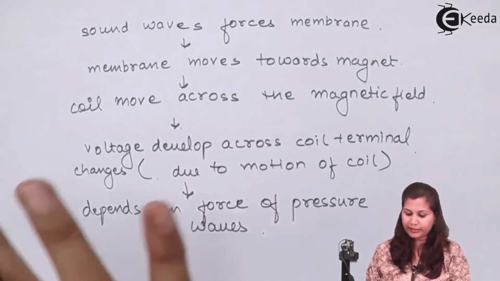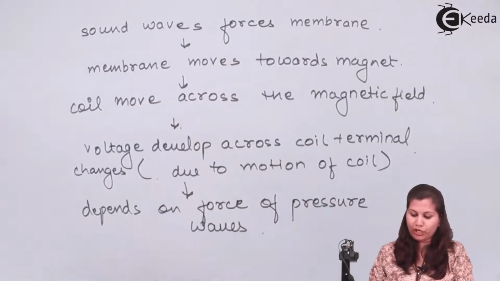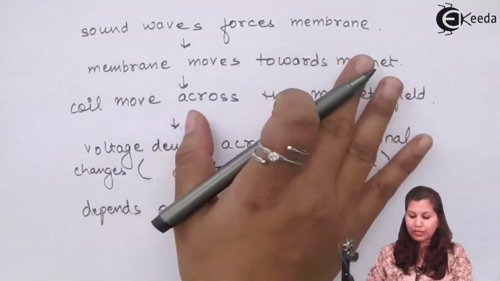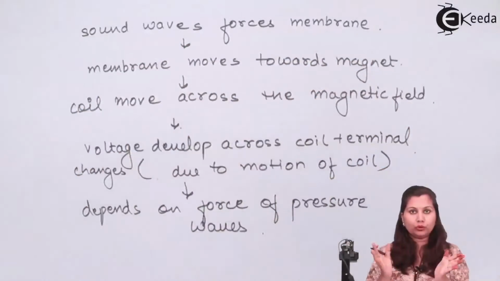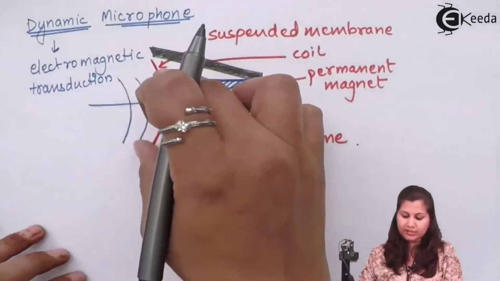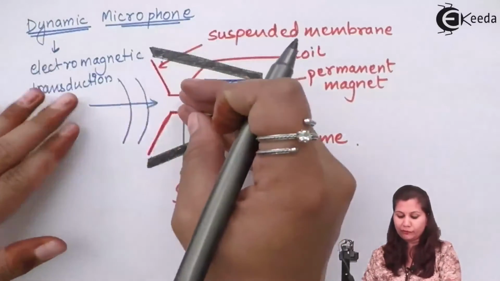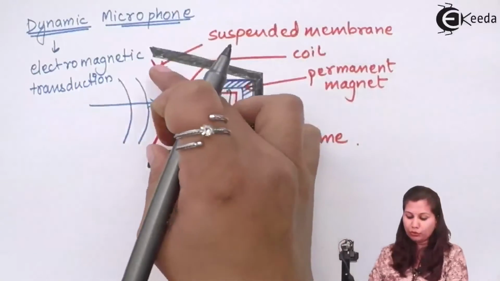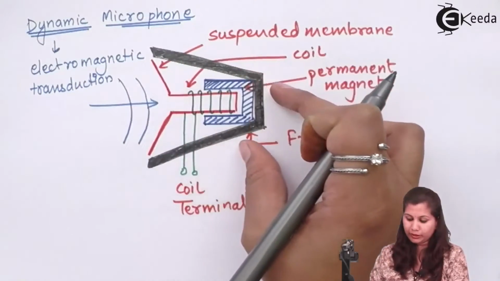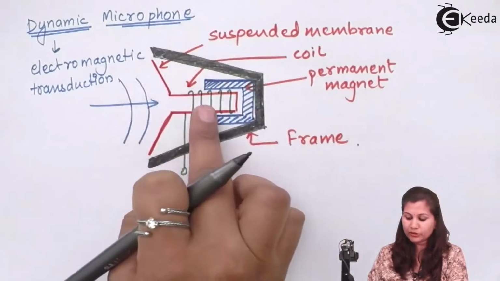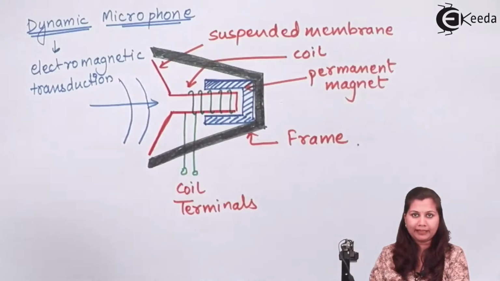Its working is described in the form of a flow chart. The sound waves force the membrane, and due to that force, the membrane moves towards the magnet. You can see this is the suspended membrane. When the force is applied on this membrane, it moves towards the magnet, and the coil moves into the magnetic field.